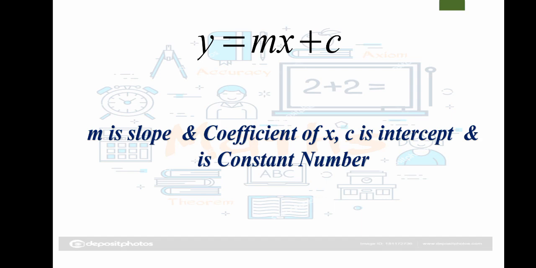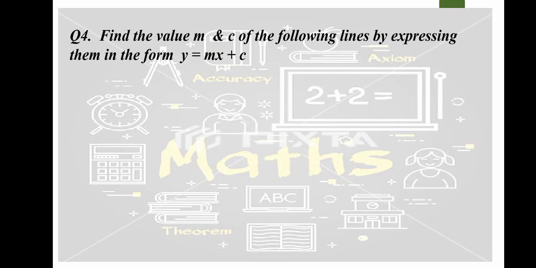Here m is the slope and the coefficient of x, and c is the intercept, which is also a constant number. Question number 4 is: find the value of m and c.